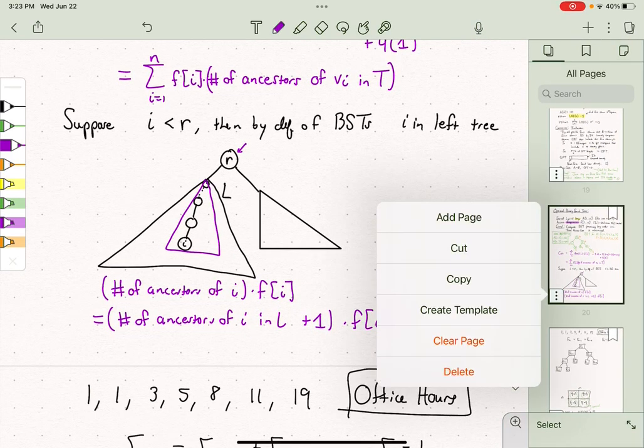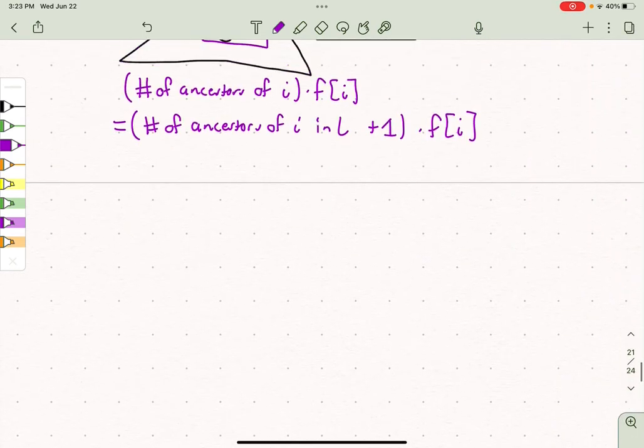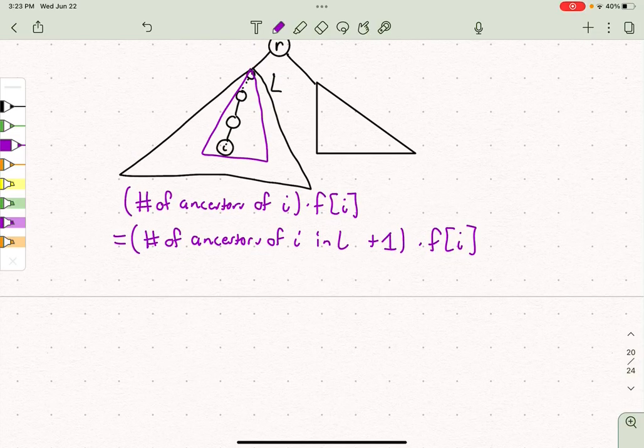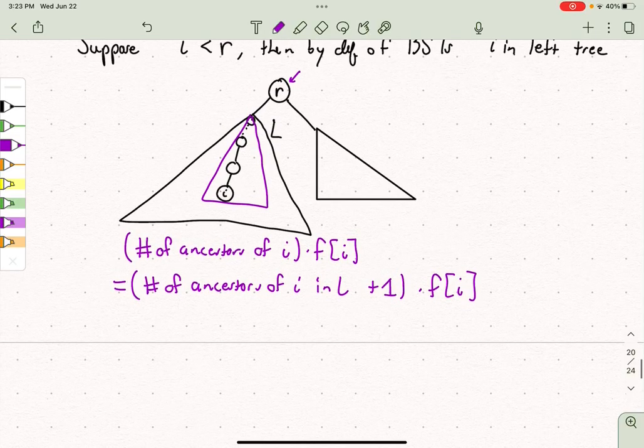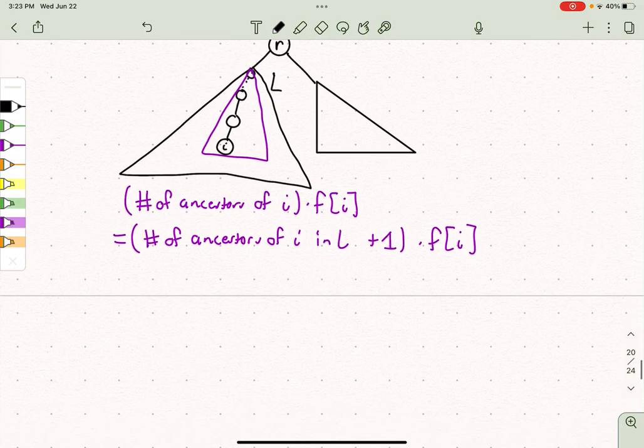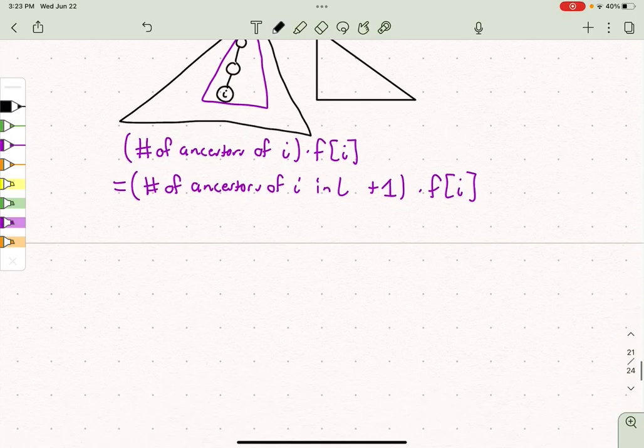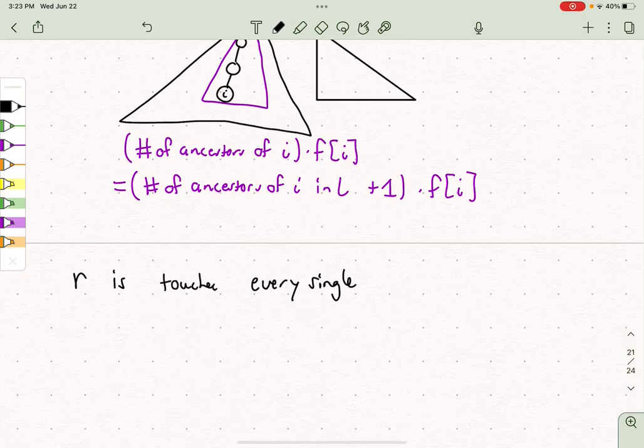So now we can see how this might be recursive. Let's think of how many total accesses there are for the root. The root R is touched, rather than accessed or requested, every single time anything is requested.